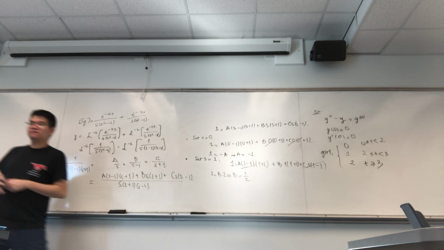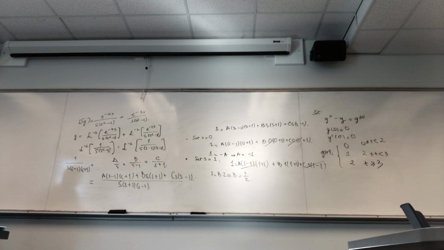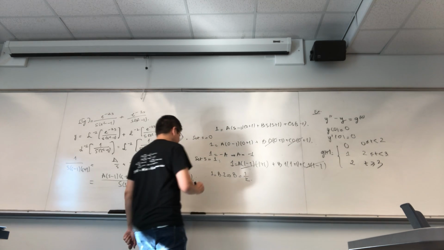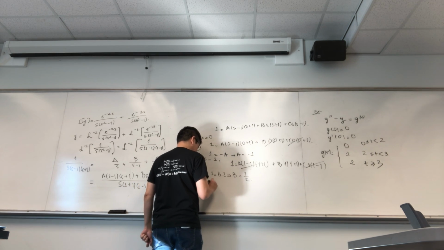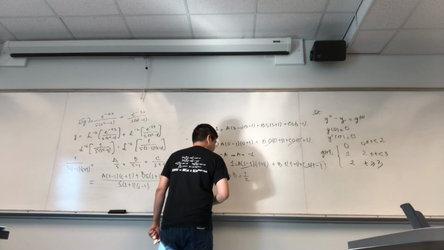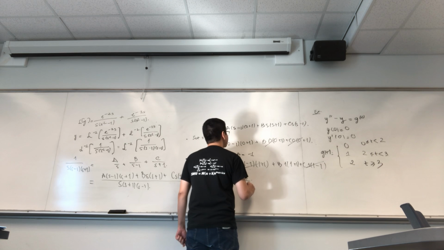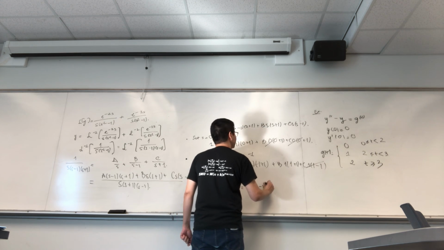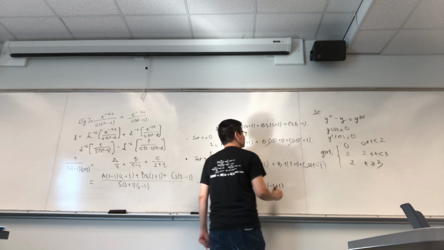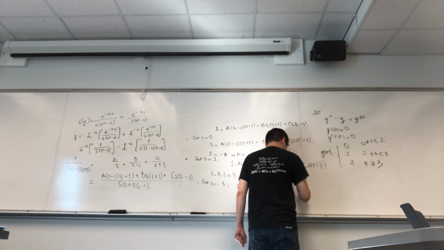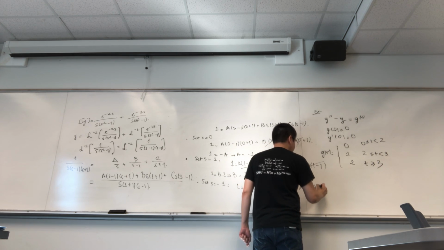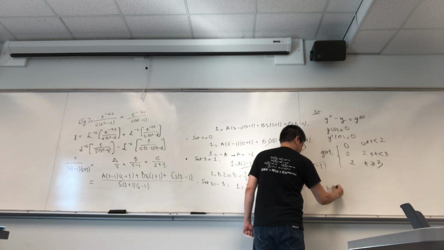And the next step is what? You set s equal to negative 1. So now you're going to set s to be minus 1. I have 1 is a times (minus 1 minus 1)(minus 1 plus 1), plus b times (minus 1)(minus 1 plus 1), plus c times (minus 1)(minus 1 minus 1).